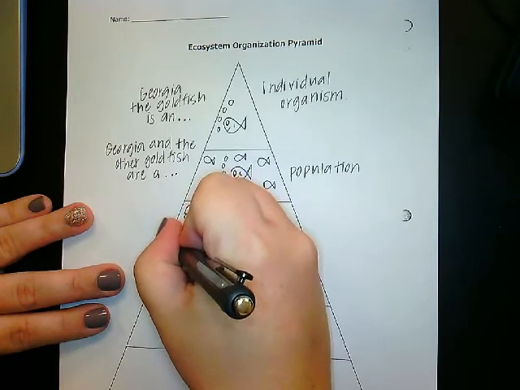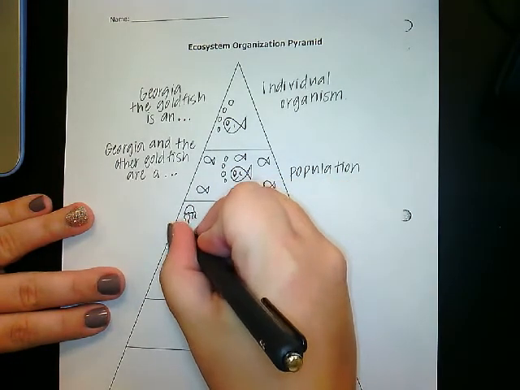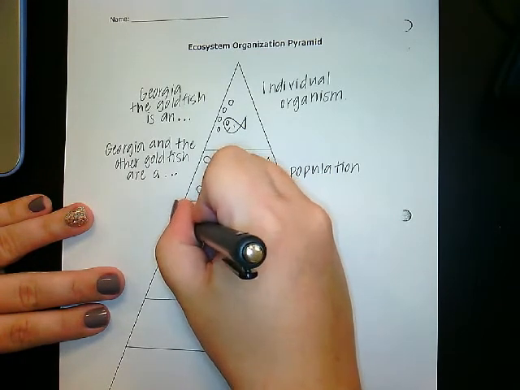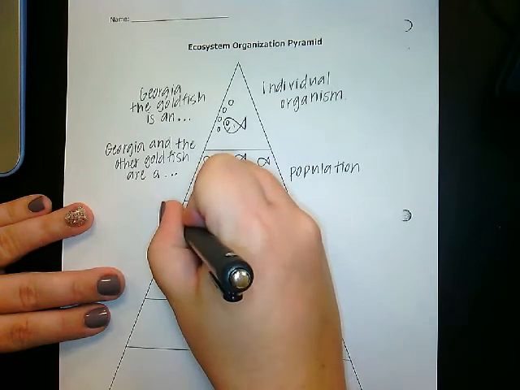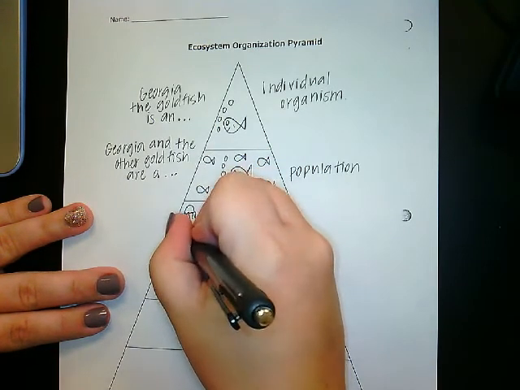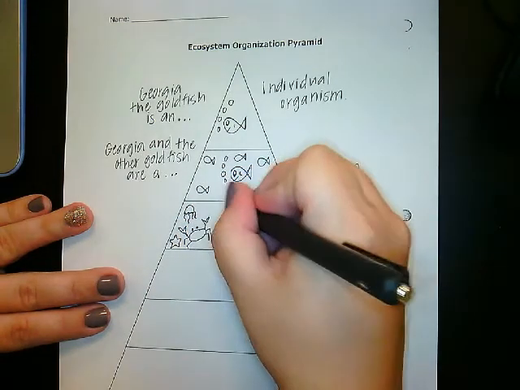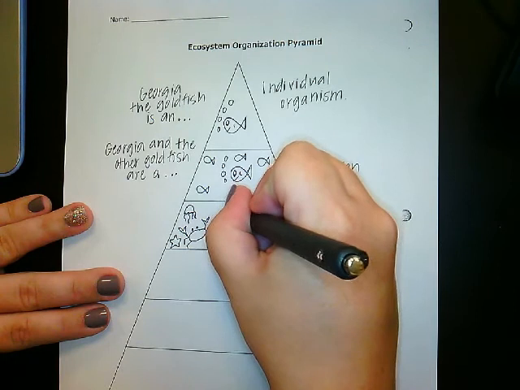Let's see, a starfish. Crab is pretty easy to draw. Let's give him his eyes. I jinxed myself. I said he was easy to draw. There's a crab. We can do a shark up here.